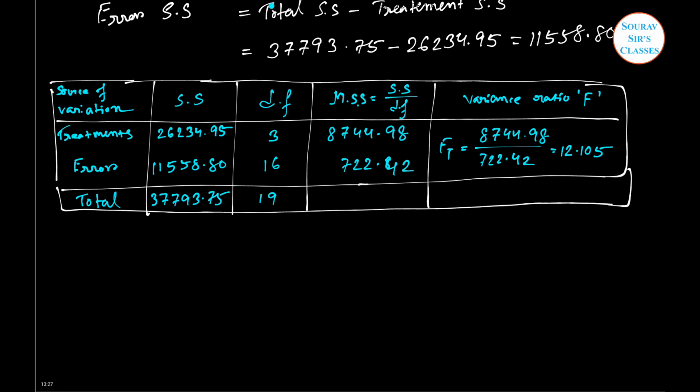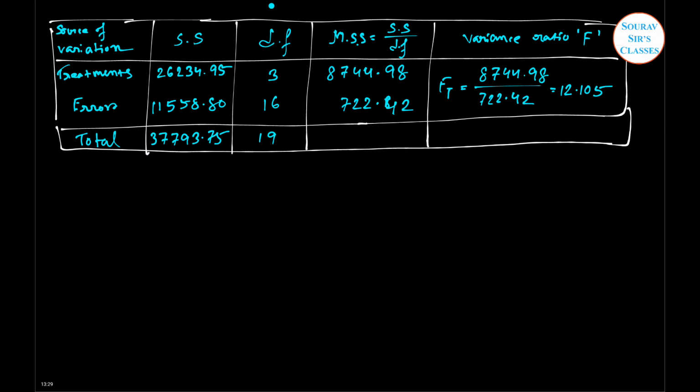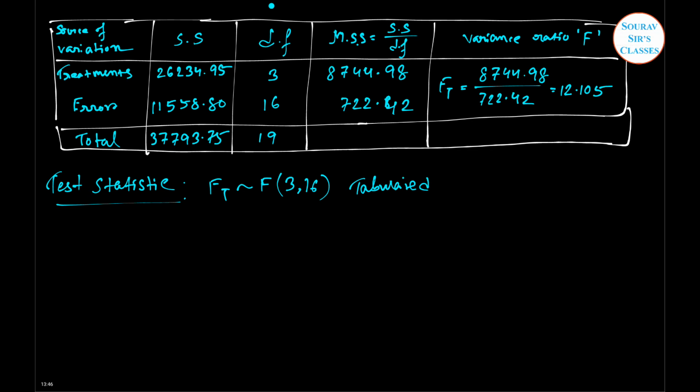Okay. The next test statistic Ft, tabulated F 0.05 with 3 and 16 degrees of freedom equals 3.06.